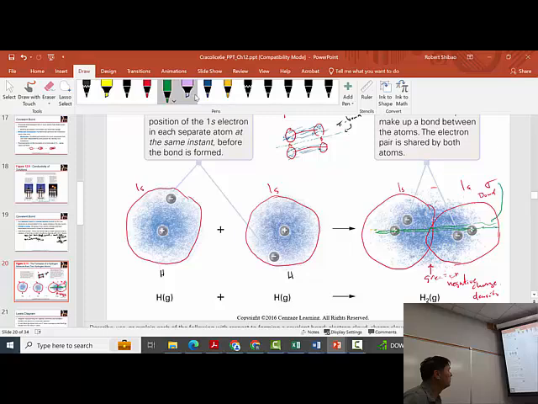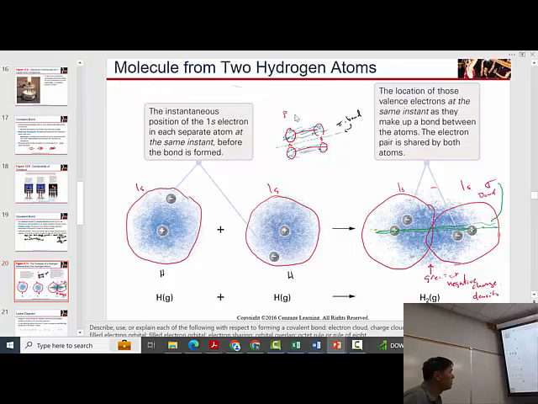So for example, here, A is going to be attracted to this region up here, and B is going to be attracted to this region up here, and the region down here. And so the net effect of this is the two atoms, A and B, are going to be drawn towards each other. Whereas here, they're drawn straight towards each other.